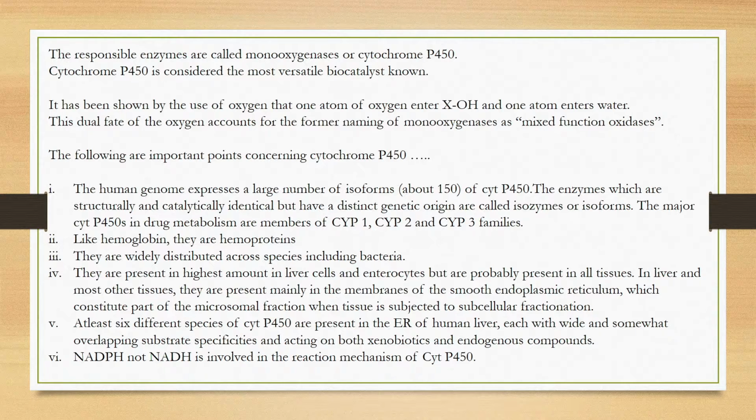In the adrenal, they are also found in the mitochondria as well as in the endoplasmic reticulum. The various hydroxylases present in that organ play an important role in cholesterol and steroid biosynthesis.